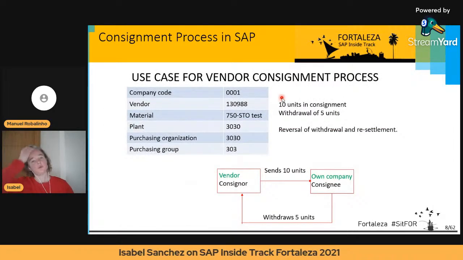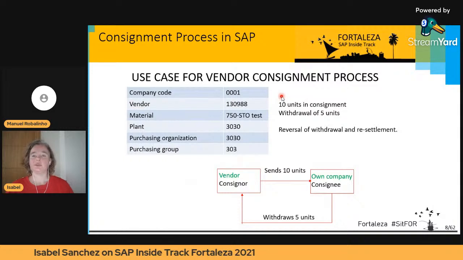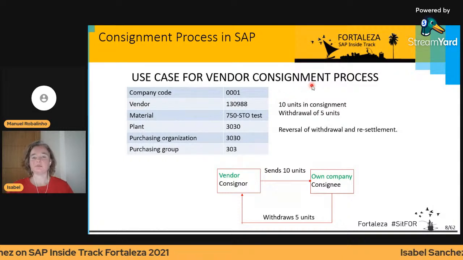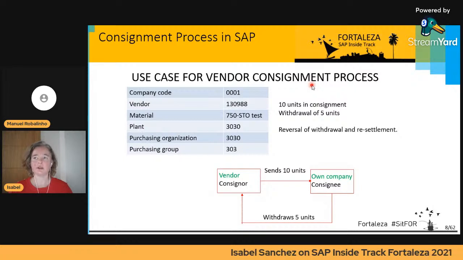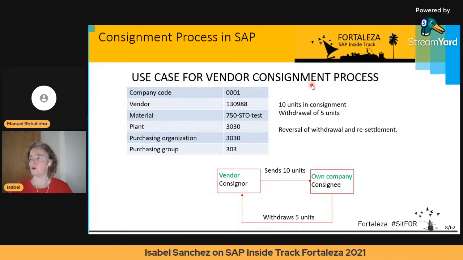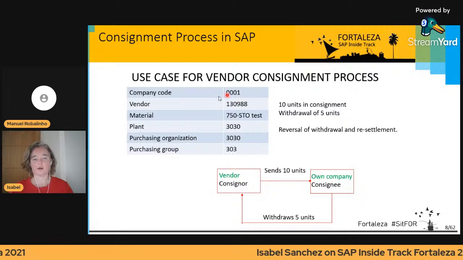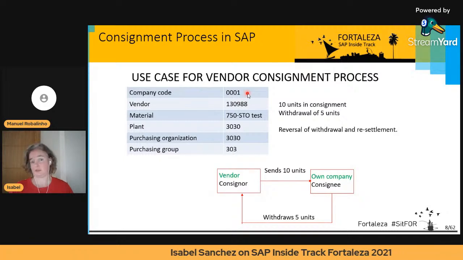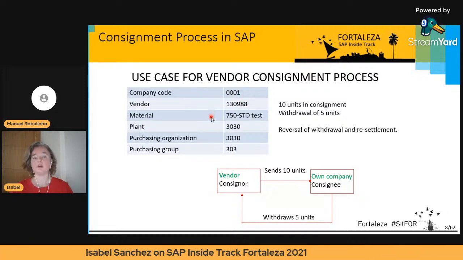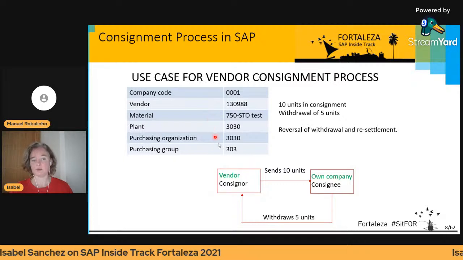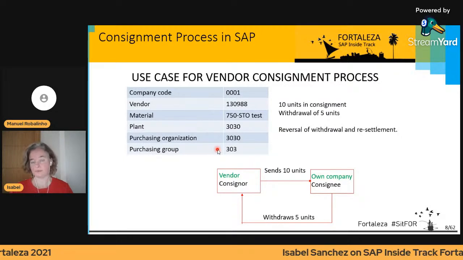So let's move on to this presentation. I have defined 2 different scenarios, one for the vendor and one for the customer consignment process. For the vendor, we have company code 0001, a vendor, the material, plant, purchasing organization, and purchasing group.